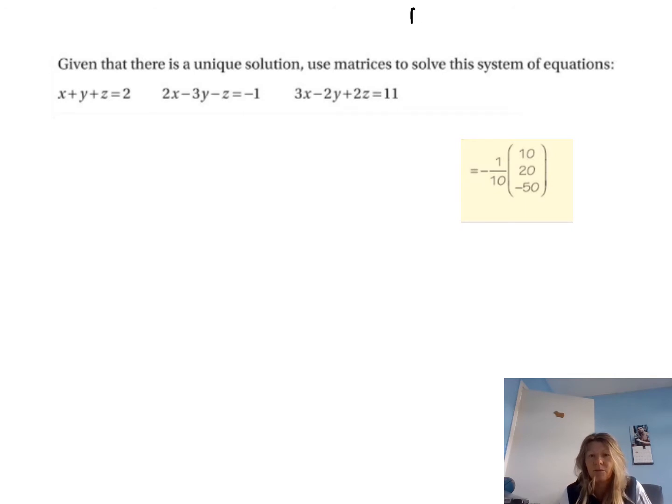Originally it'll be in the form AX equals B, and then you want to find X, so it'll end up being A inverse B, like we did last time. You can do A inverse B on your calculator and you will get some answer. Have a go, pause the video, and then unpause, and we'll see how you've got on.